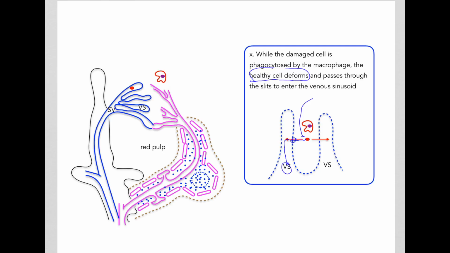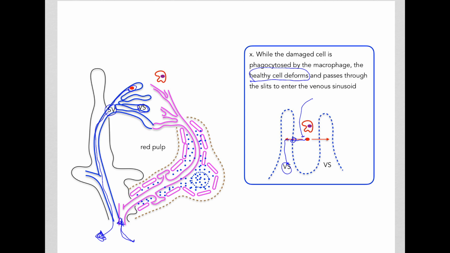And from the venous sinusoids, the healthy red blood cell will enter the splenic vein and then get out of the spleen and enter the general circulation. So a healthy cell can enter the spleen and leave the spleen without problems. A damaged cell, on the other hand, can enter the spleen, but cannot leave the spleen.